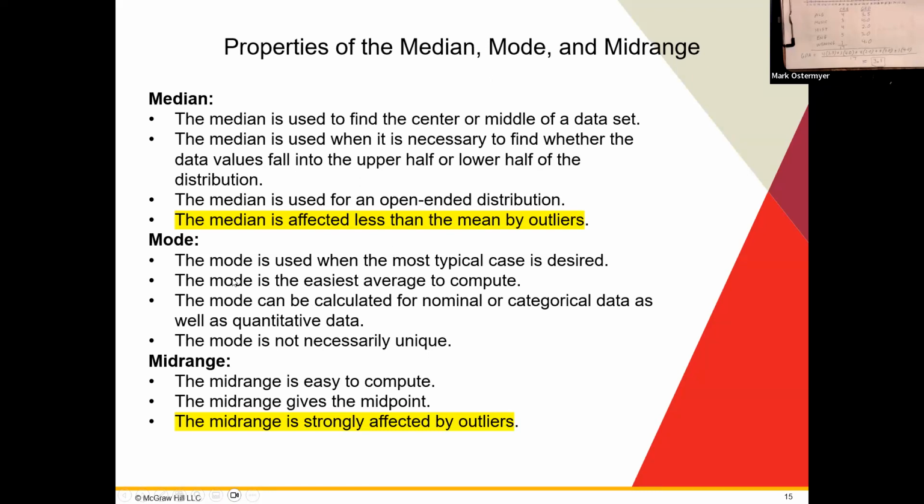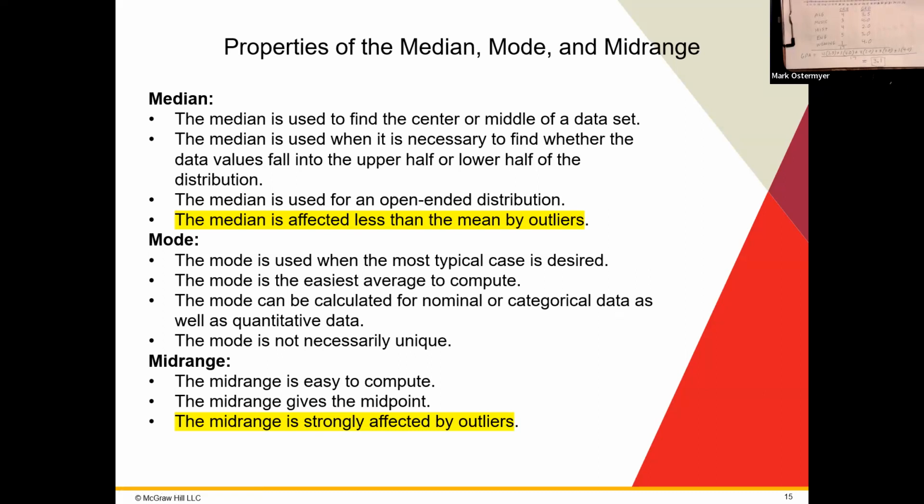The mode is interesting. The mode is pretty easy to compute. Another thing, ladies and gentlemen, the mode can be applied to nominal or categorical data, which means the mode still has meaning for non-numeric data.